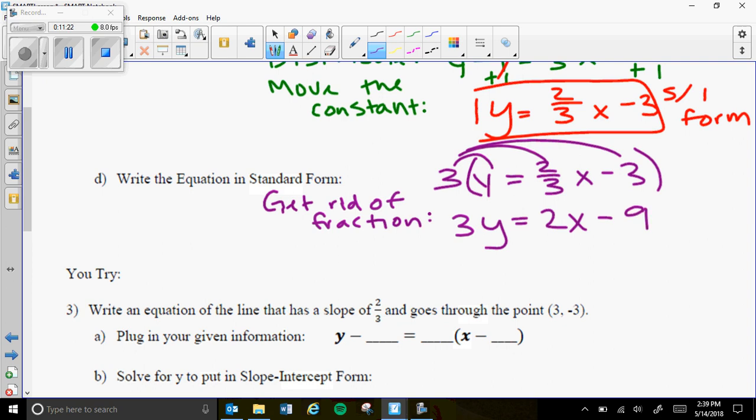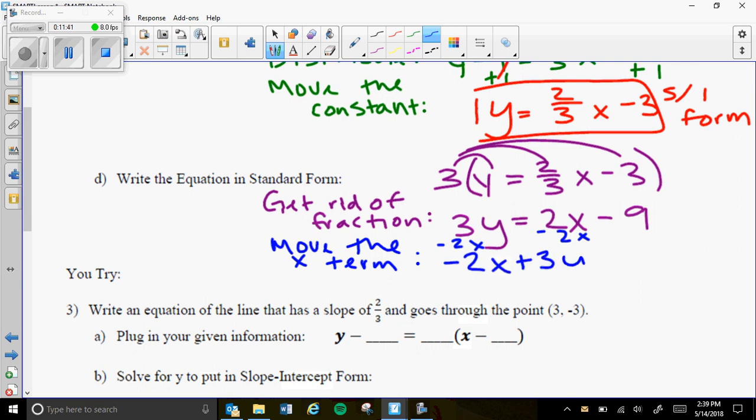So now I've gotten rid of that fraction. The next thing I need to do is move the x term. So I need to get x and y on the same side. So I'm going to subtract 2x. Again, I want that x term to be in front. So -2x, this 3y is positive, so plus 3y equals, what's all that's over there? -9.